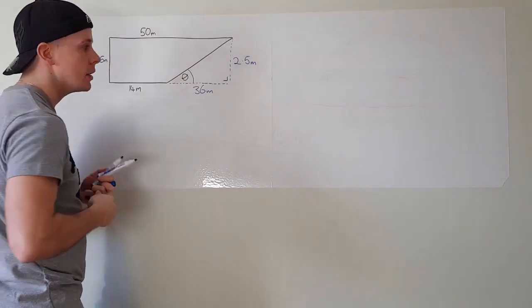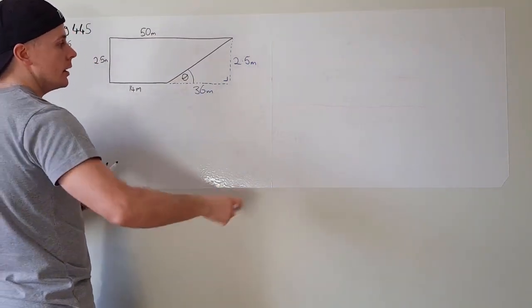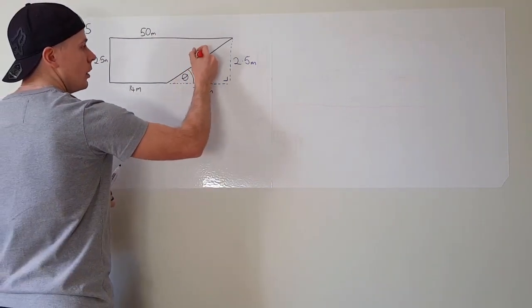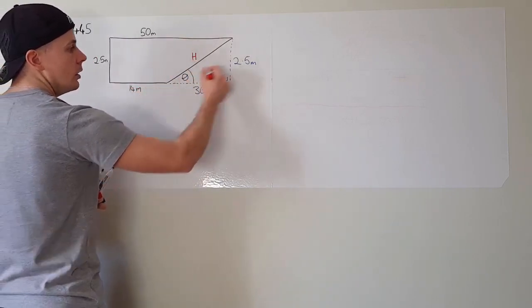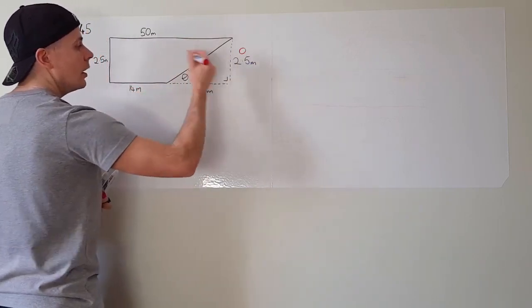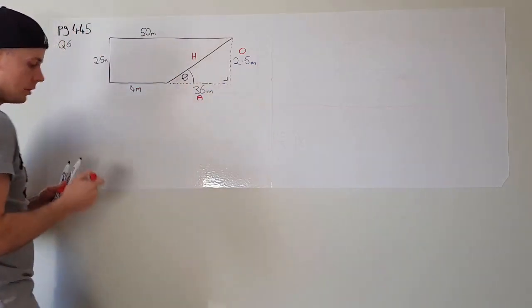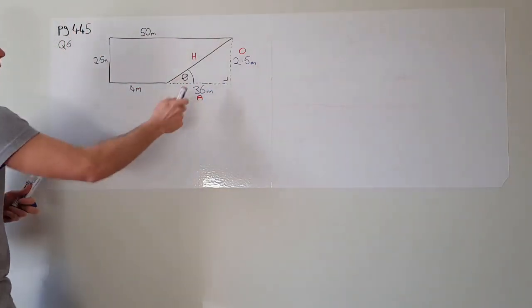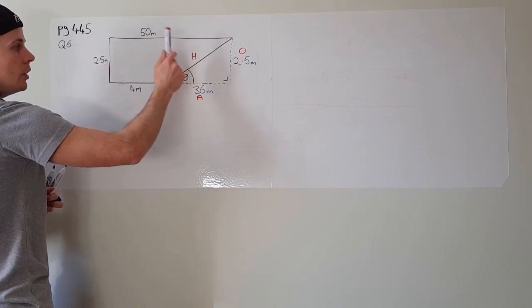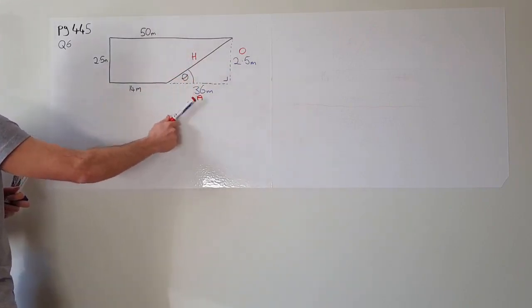So we label our sides. Looking at our 90-degree angle, the side opposite our 90-degree angle is H, your hypotenuse. The side opposite the angle in question is O, and then the third is always your adjacent. So we've got O, A, and H we don't really need to worry about.